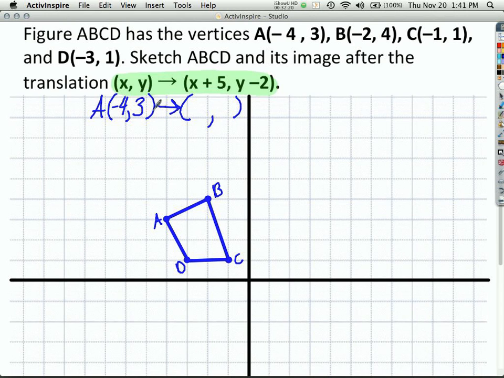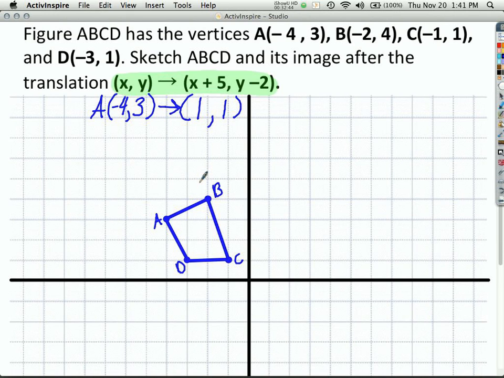We add 5 to the x-coordinate. -4 plus 5, we get 1. So our new point is going to be 1, something. We get the y-coordinate by subtracting 2 from it. So 3 minus 2 is 1.